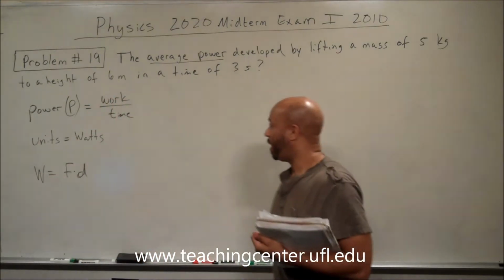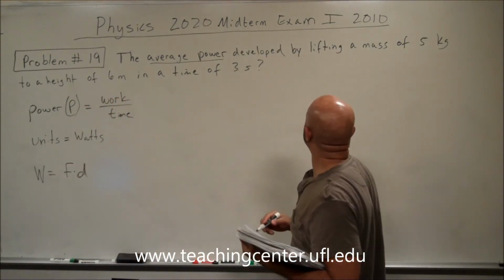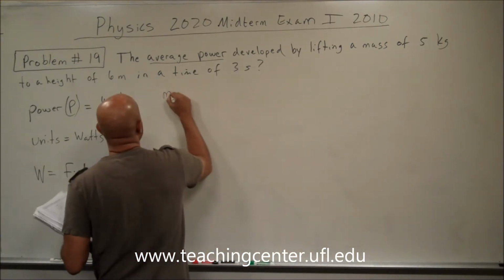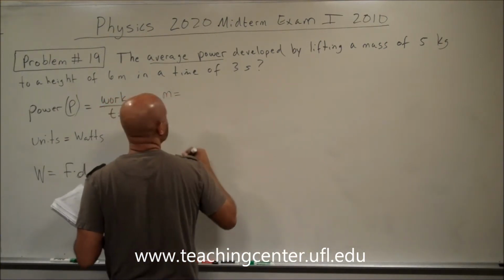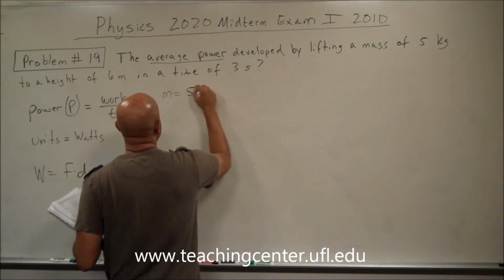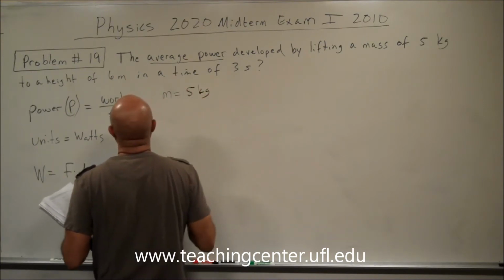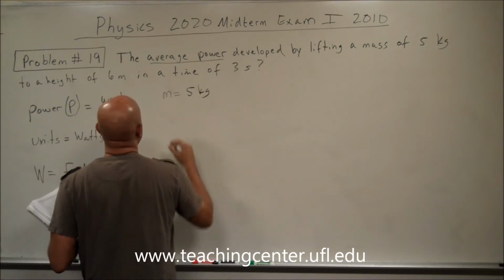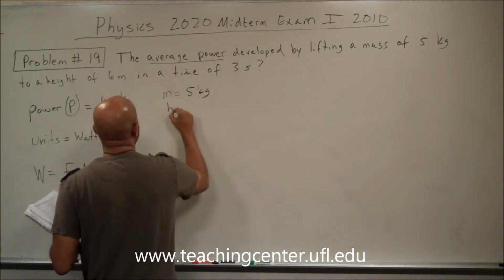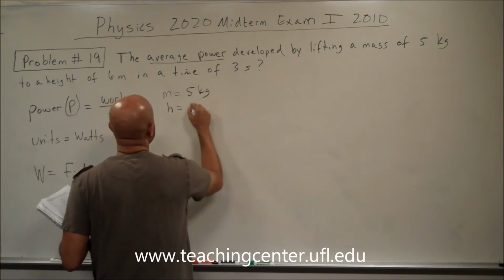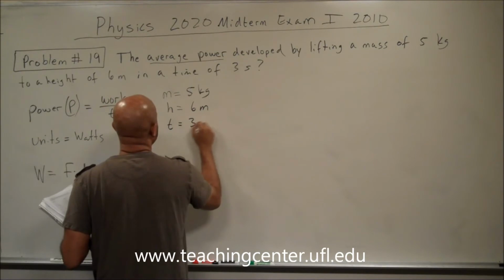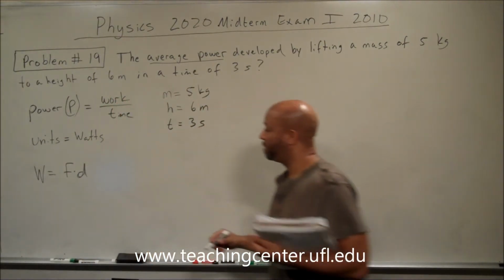Alright? And what's given in this information is that we have mass is equal to 5 kilograms, and we know that the height is going to be 6 meters, and we know that the time is going to be 3 seconds.